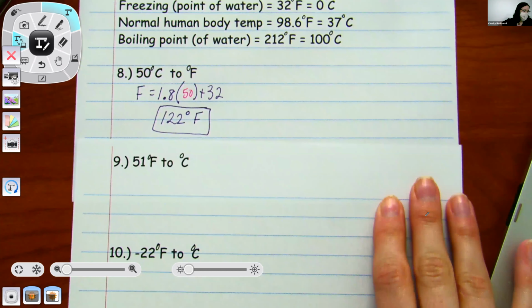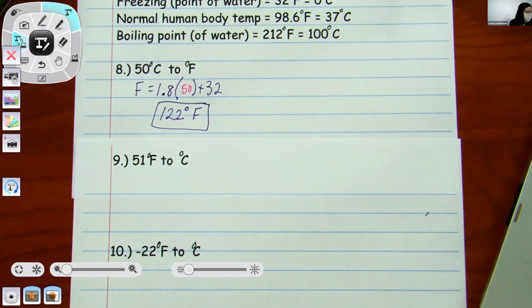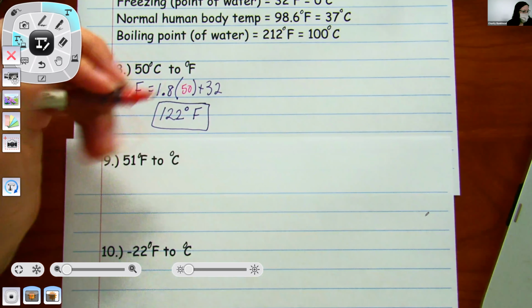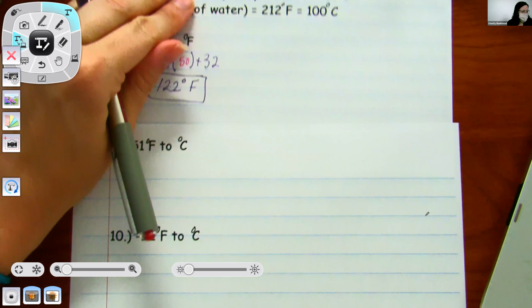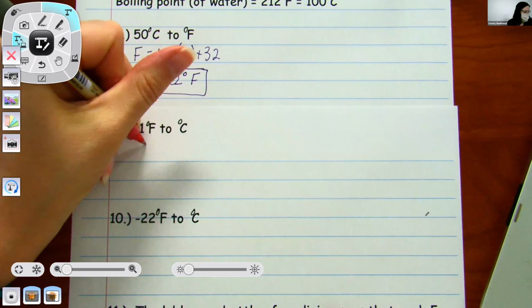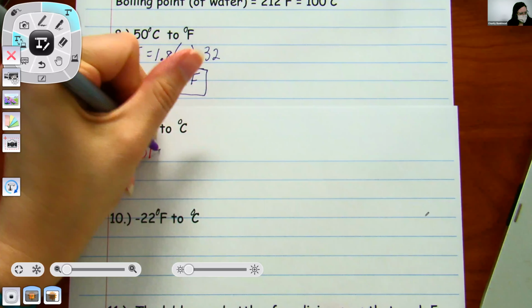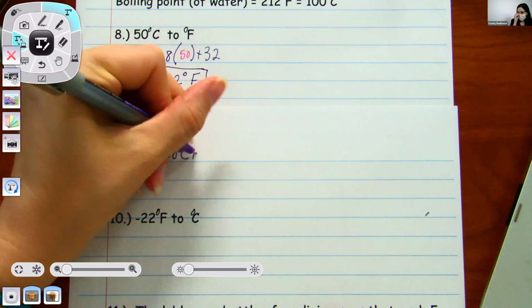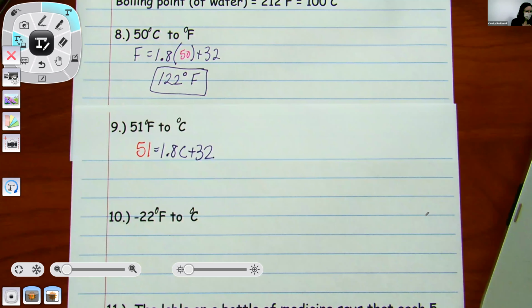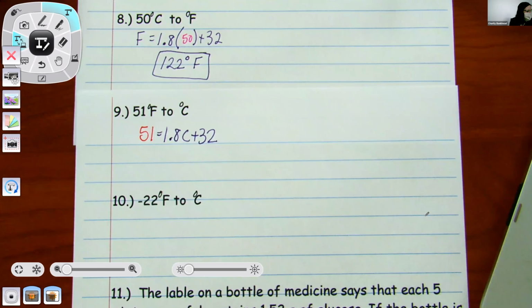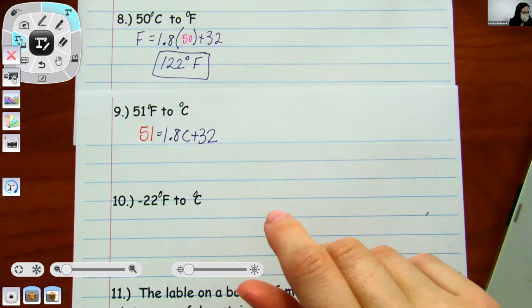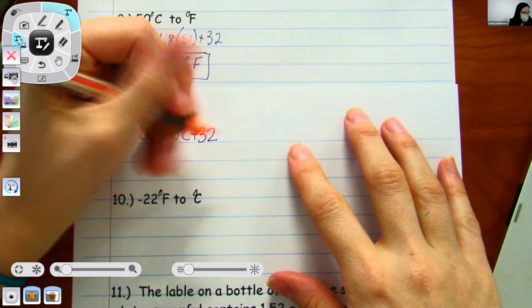And then number 9, we want to convert 51 degrees Fahrenheit to Celsius. Using that same formula, we put in 51 for F. So 51 equals 1.8 C plus 32, and then we have to solve that for C. I would start by subtracting 32 from both sides.